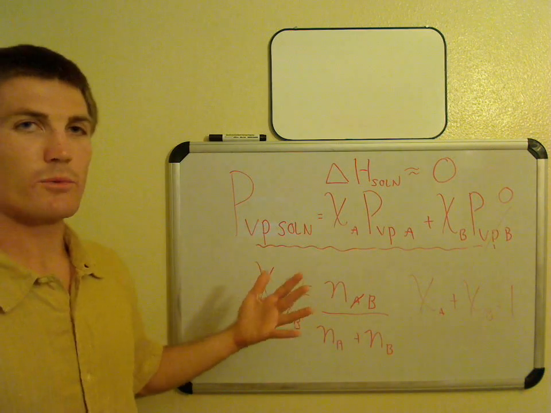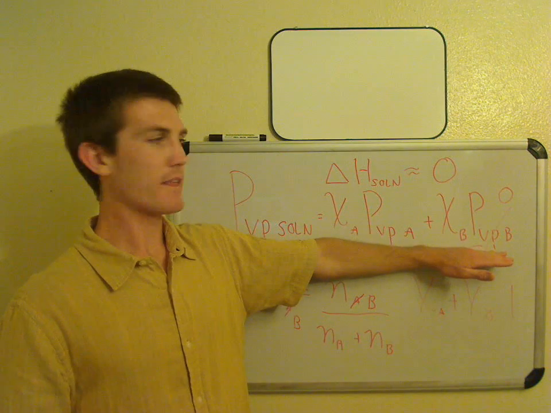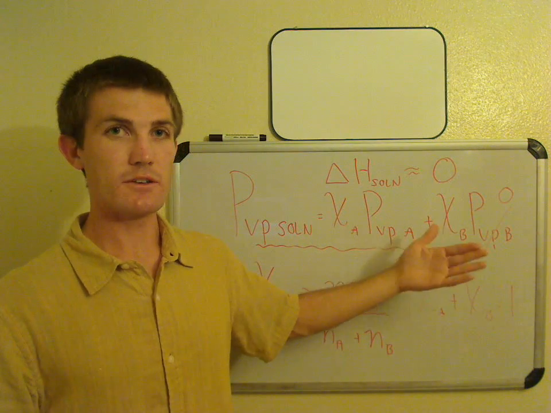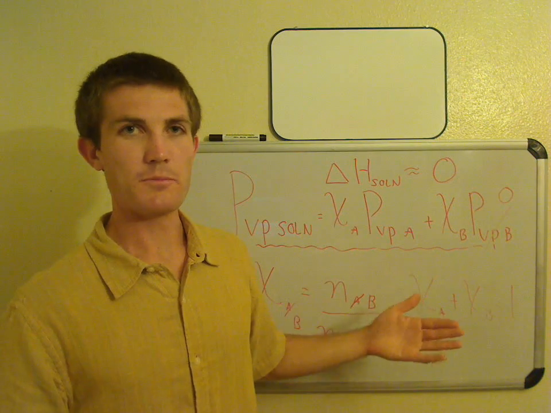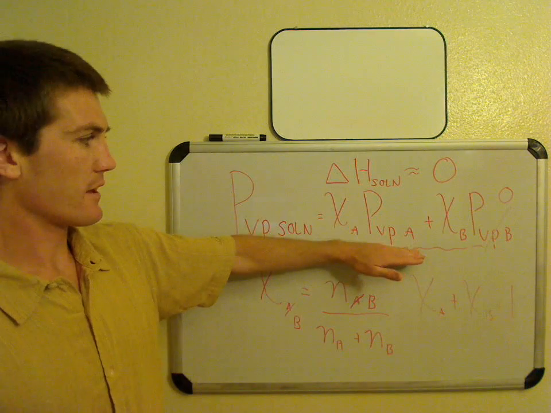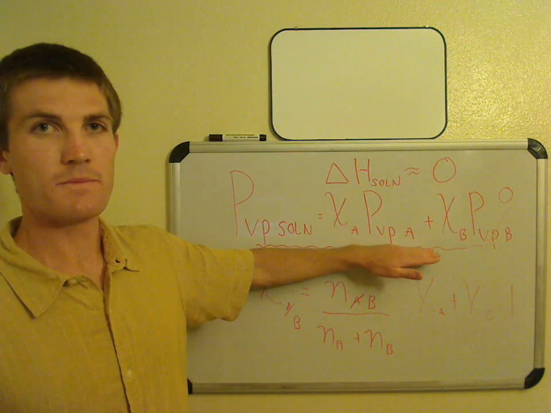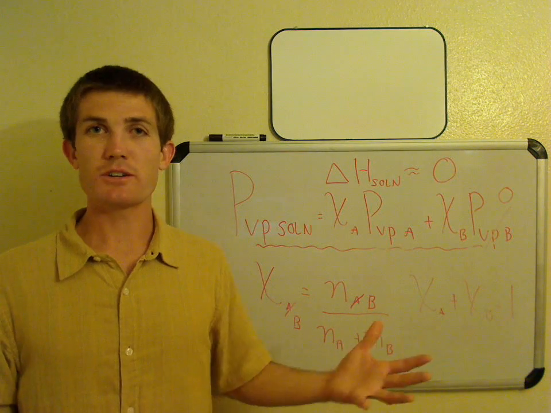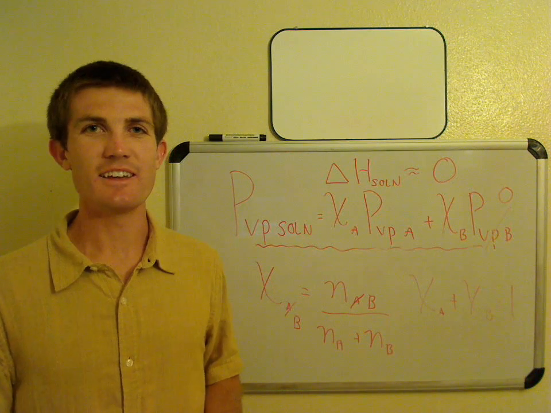So if you're going to remember one thing, remember this full equation, and remember that the vapor pressure of a non-volatile solute, like a solid, is 0, and so that term, 0 times anything is 0, right? So in that case, you would just have the mole fraction of one component times the vapor pressure of that component. So that is the vapor pressure of solution problem, and stay tuned for the other 2 parts.